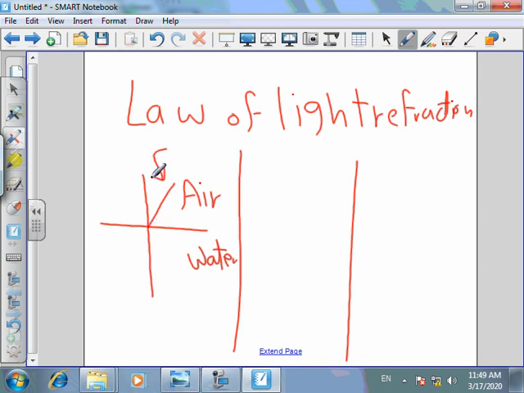So the ray that comes and falls down till it touches the water surface is called the incident light ray. And that one which is going to be broken down is the refracted light ray. Okay, in air, density is low.